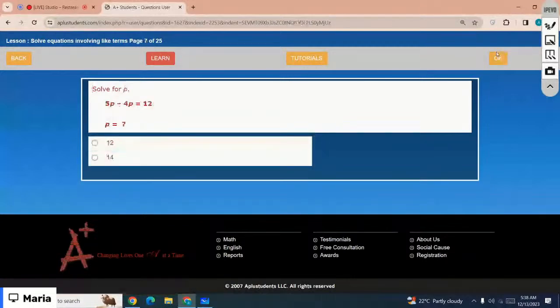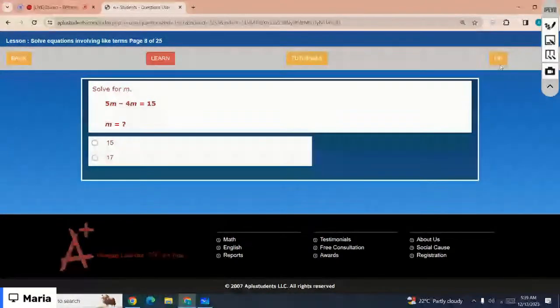Okay, 5p minus 4p equals 12. So which is the correct option? Okay, 5m minus 4m equals 15.